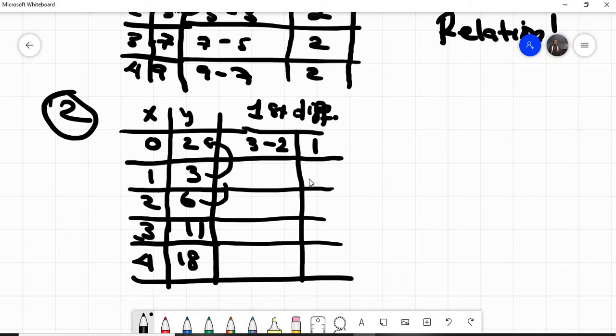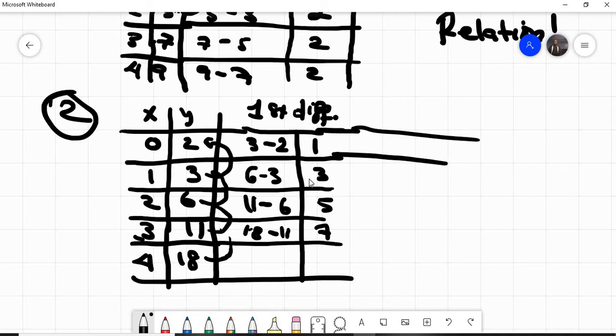Then 6 minus 3 is 3. Then 11 minus 6 is 5. And then 18 minus 11 is 7. So our first differences are all different. This one is not linear, 100%.